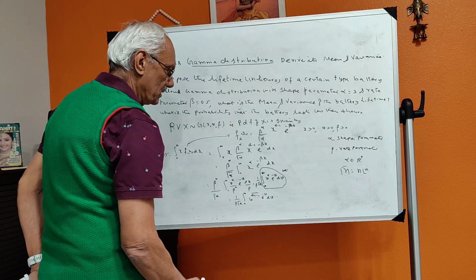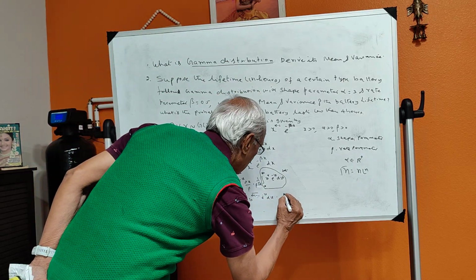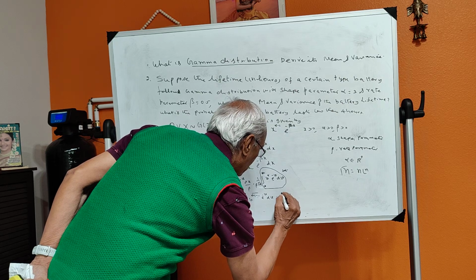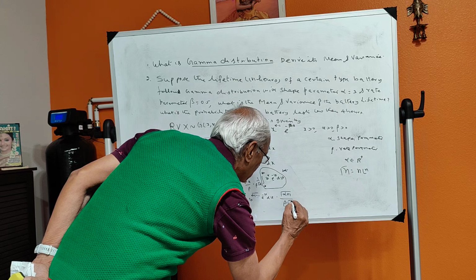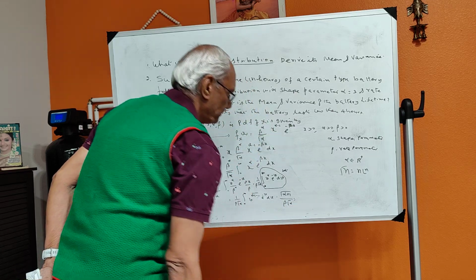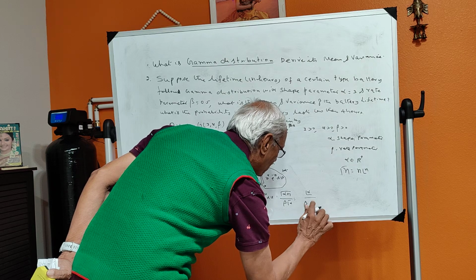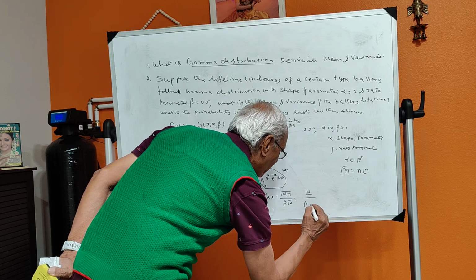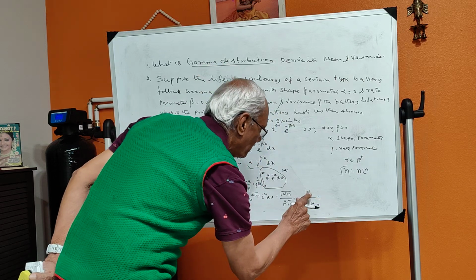So this is a gamma function. If this is a gamma function, the value of this is gamma of alpha plus 1 divided by beta into gamma of alpha, which is alpha factorial divided by beta into factorial of alpha minus 1. I will put it in this way.